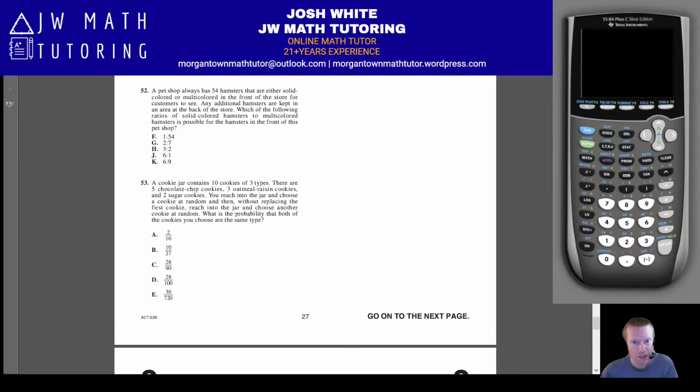So if you start with answer choice F, the ratio here is 1 to 54, so I'd say 1x plus 54x, and that would be equal to the total number of hamsters. But for this one, it wouldn't work out because you'd get 55x equals 54, and x equals some fraction.